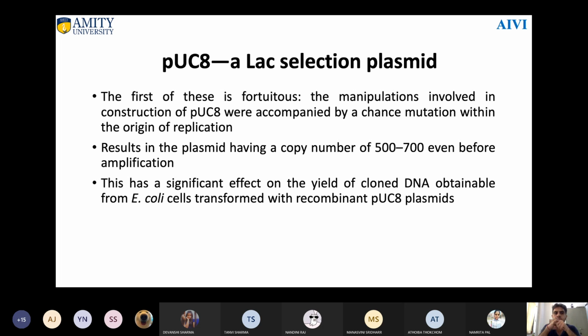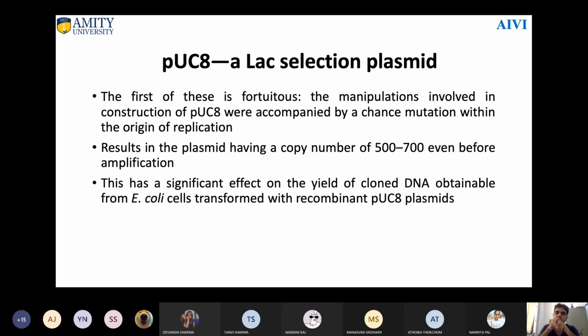The first advantage involves a chance mutation within the origin of replication. One mutation occurred in the origin of replication, and this mutation was by chance. You yourself can modify this origin of replication, but when this vector was being developed, a mutation occurred within the origin of replication.